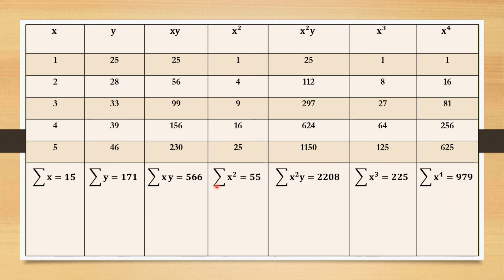After calculating all this, we have to substitute these summations in the normal equation. So we have to write again the normal equations. To write the normal equation, first we will write the equation of a parabola or a second degree curve. So how to get the first normal equation? We take summation as it is.